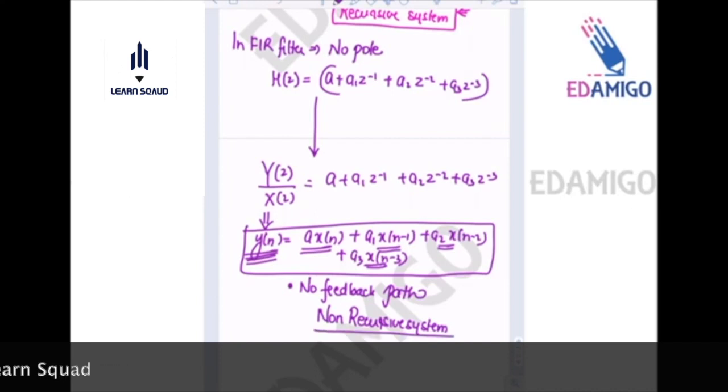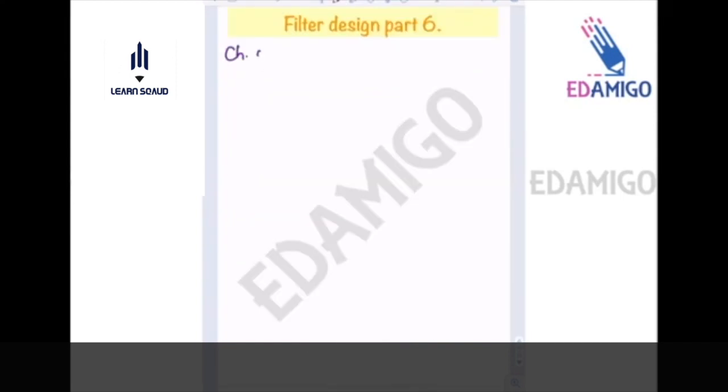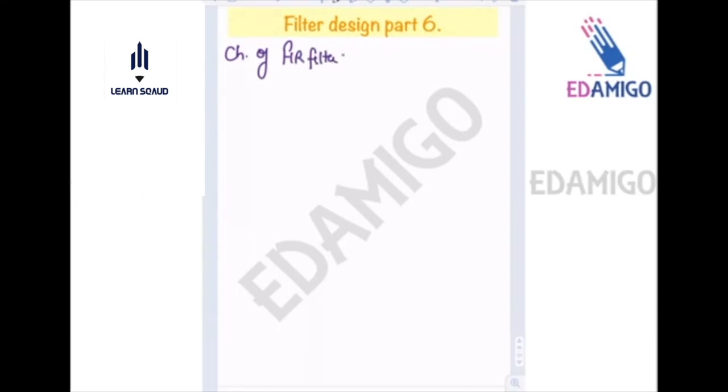In the next part we will be looking at the characteristics of FIR filters, and what the characteristics should be so that they are of linear phase. Characteristics of an FIR filter with a linear phase. So what is the importance of linear phase? I think you all know that.